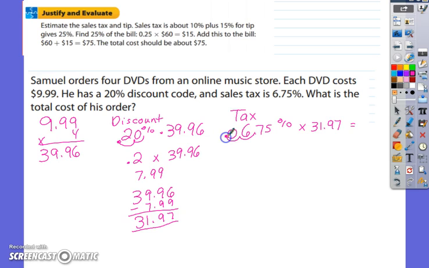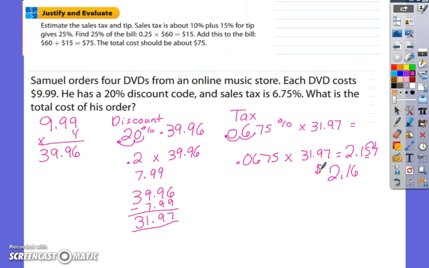We're dividing by 100. So we have 0.0675 times 31.97. And if we lined that up and did that, we would get 2.157. And again, we round. So this becomes $2.16.